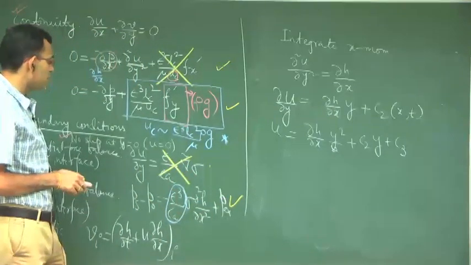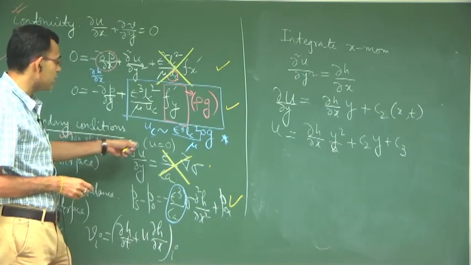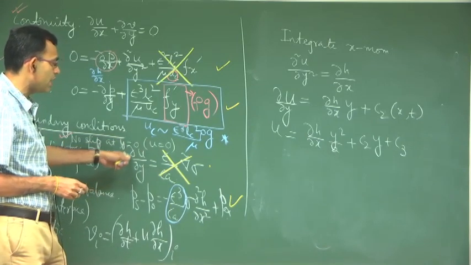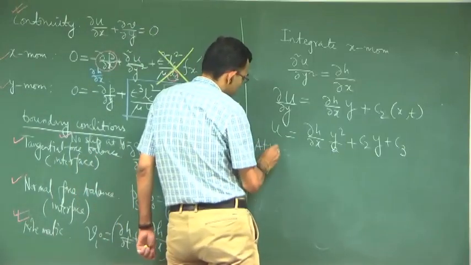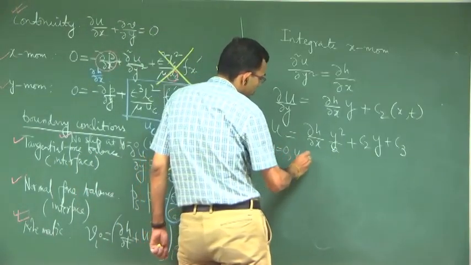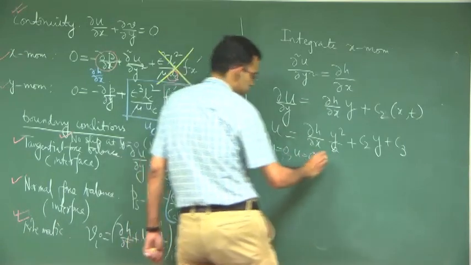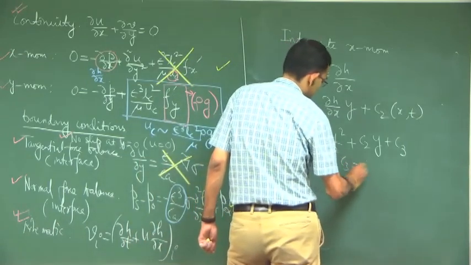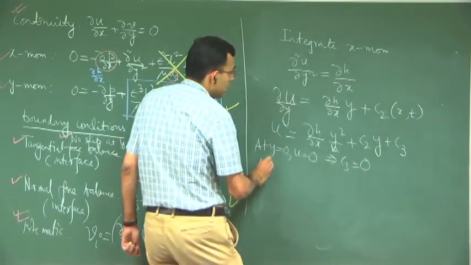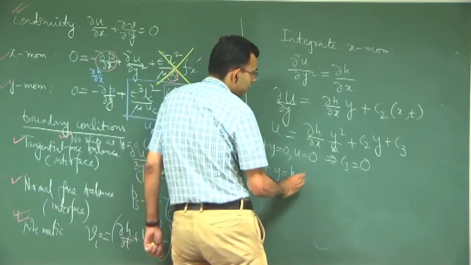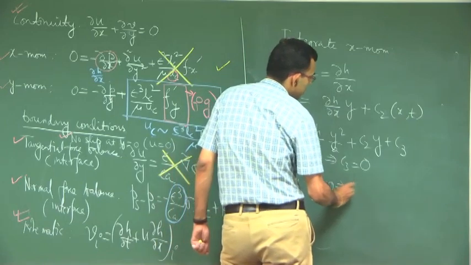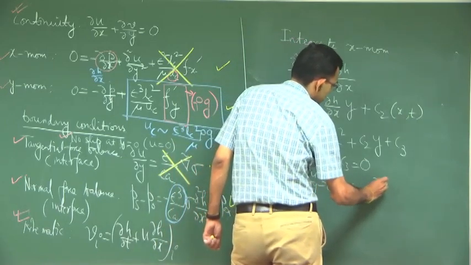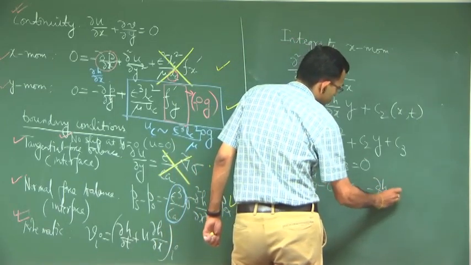So, we will use the two boundary conditions: at y equal to 0 u equal to 0 and at y equal to h del u del y equal to 0. At y equal to 0 u equal to 0, that means C3 equal to 0. At y equal to h del u del y equal to 0, that means C2 is equal to minus del h del x into h.